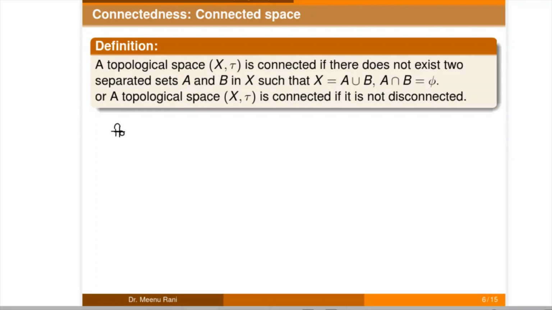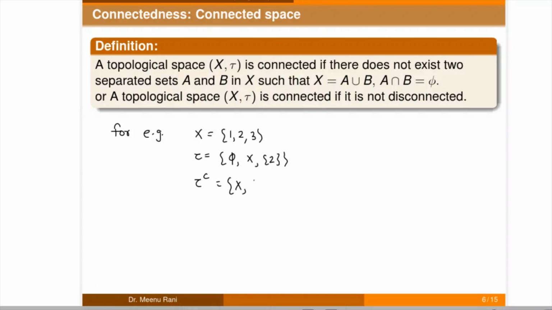So if we take one example, X is a set containing 1, 2, 3 points, and tau is a topology on it which contains phi, X and singleton 2. Now we take closed sets by taking the complement of each member of tau.